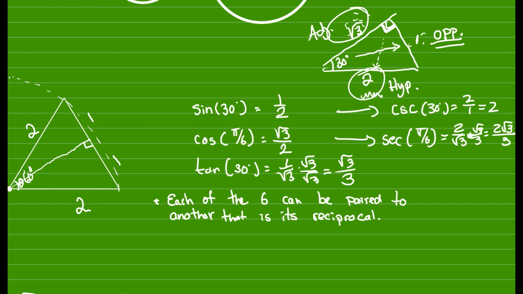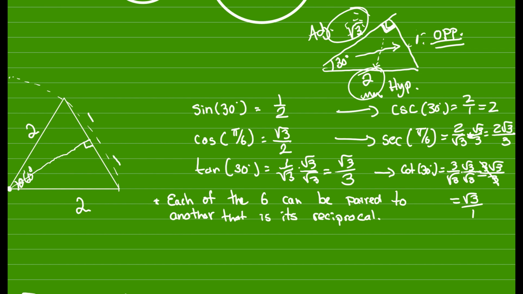And then lastly, if tangent of 30 degrees was square root of 3 over 3, it must mean that cotangent of 30 degrees is 3 over root 3. Rationalize, 3 root 3 over 3, the 3 is divided out and is equal to root 3 over 1. Ta-da! Those are the ratios for that.